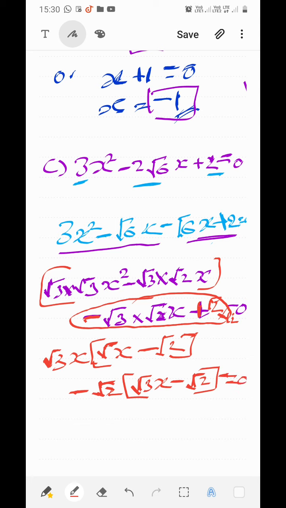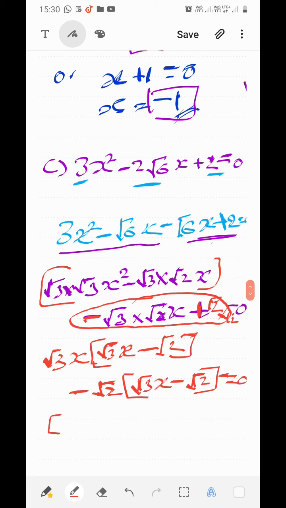Now what is common in this? Here we skipped one thing to write. Actually here root 3 x. Now what is common? Root 3 x minus root 2 is common.